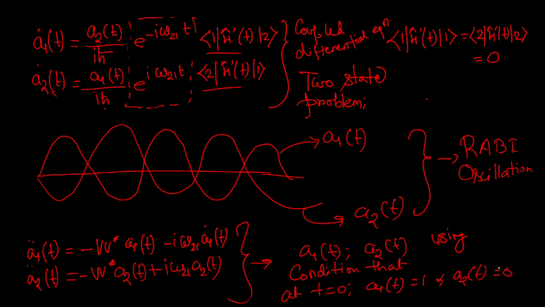Okay, so then you will get a value of a1 and a2, and from there if we take the square of a1t and a2t square, you will get the probability of a1t and a2.